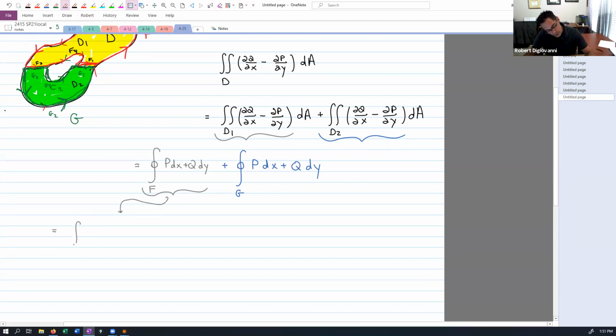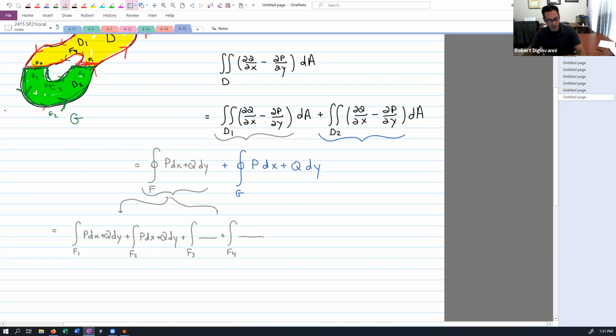It can be the line integral over the curve F1 of P dx plus Q dy, plus the line integral over F2 of P dx plus Q dy, plus the line integral over F3 of that same thing, plus the line integral over F4 of that same thing.